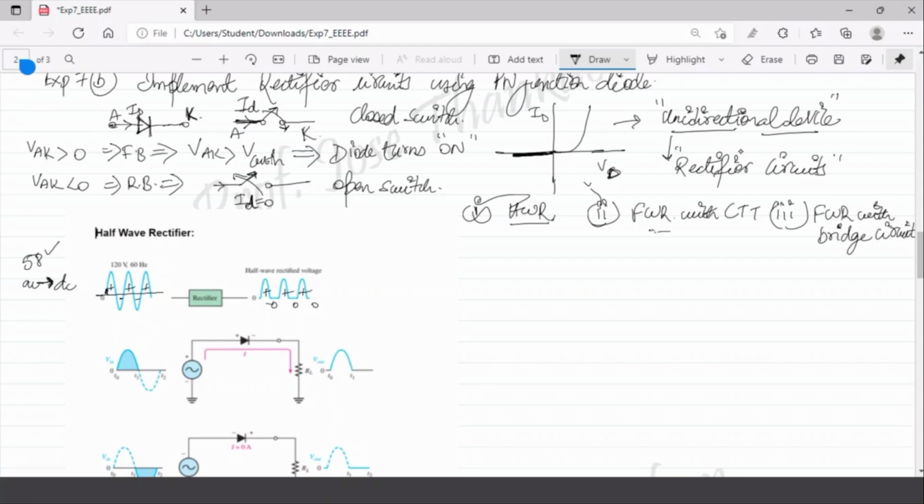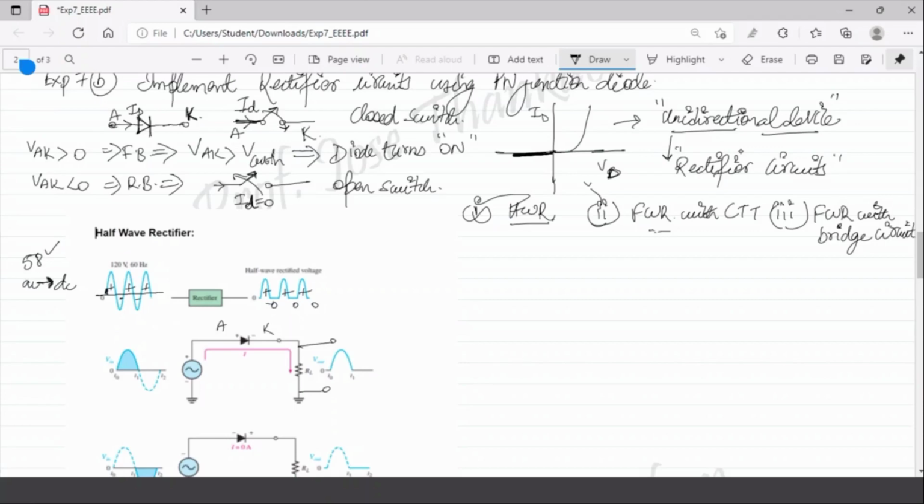Now, what is the simplest circuit of a half wave rectifier? You can see this is the circuit. This is the diode, anode, and cathode. Anode is connected to this sinusoidal voltage source, and this part is grounded here. And you can see cathode is connected to the load resistance here, across which we need to measure the output voltage. We need a rectified voltage, a DC voltage.